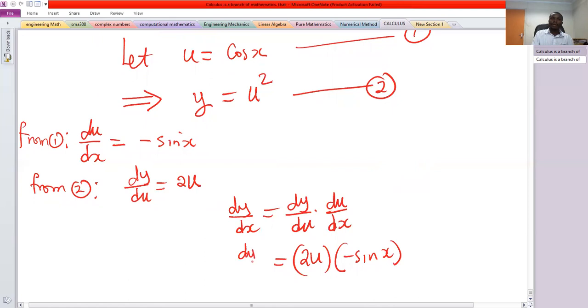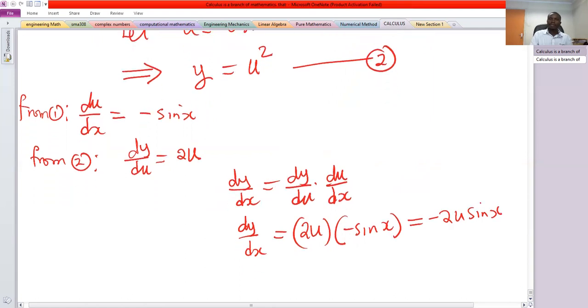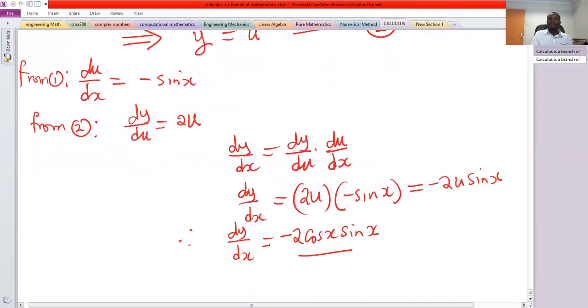So this is dy dx. So this is minus 2u sin x, but remember u is cos x, so therefore dy dx is minus 2 cosine of x sine of x. So this is what you get.